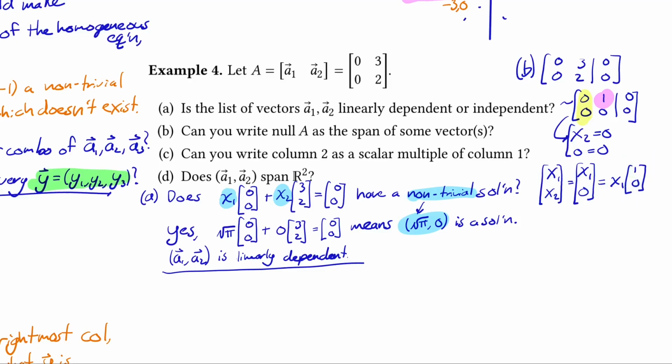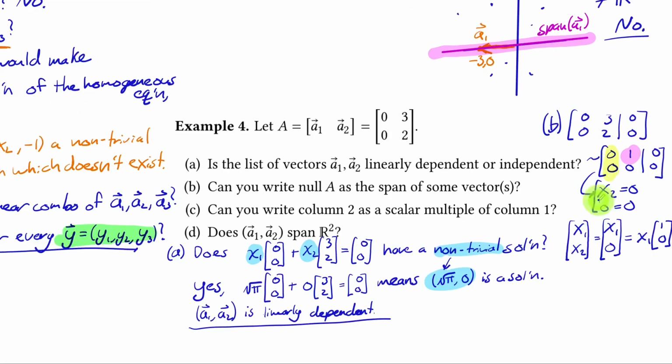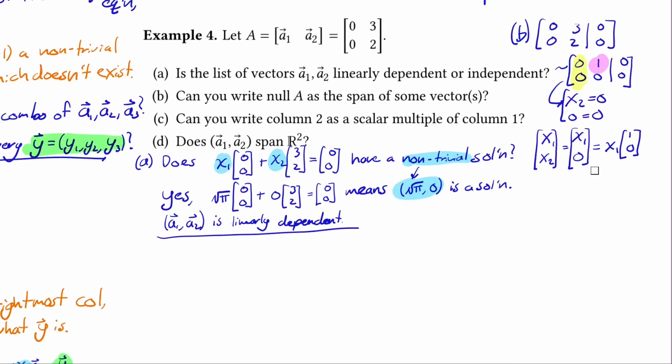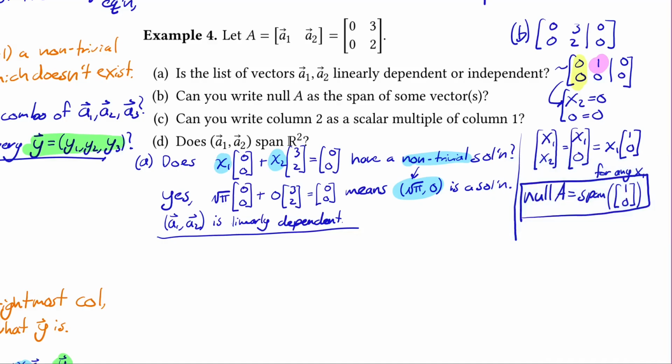So the null space is the set of all vectors that can be written like this for any real number x1. And that is the same thing as the span of 1, 0. Cool beans. So that's part B. Let's look at part C.